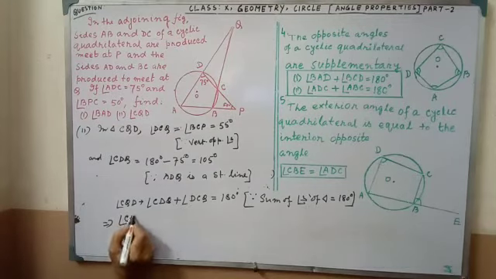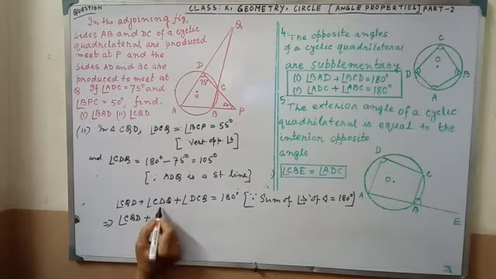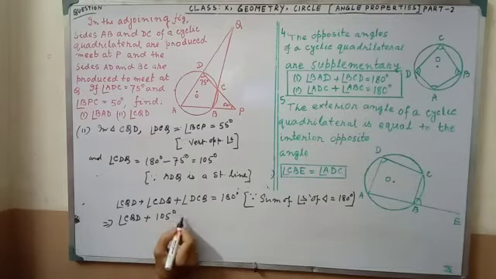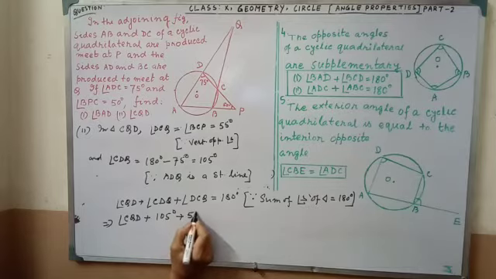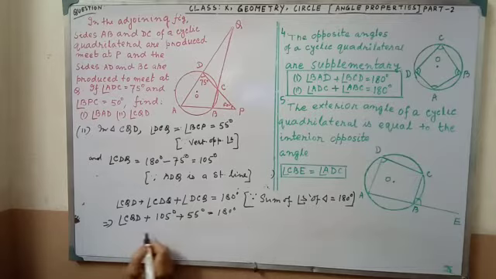Now angle CQD plus CDQ, that is we got 105 degrees, and DCQ, that is we got 55 degrees, equal to 180 degrees.